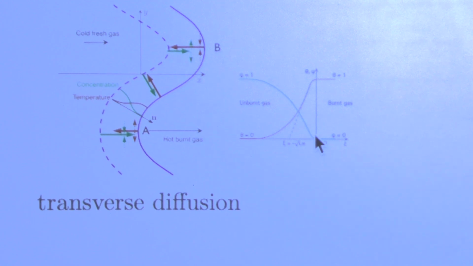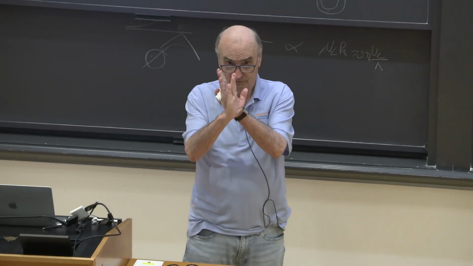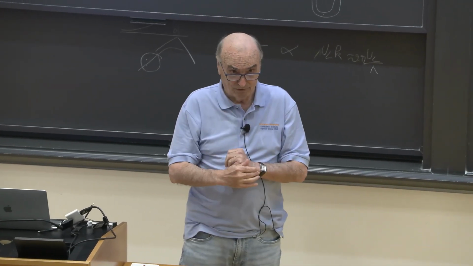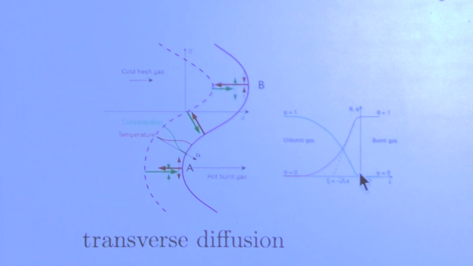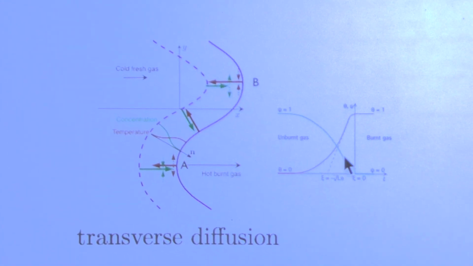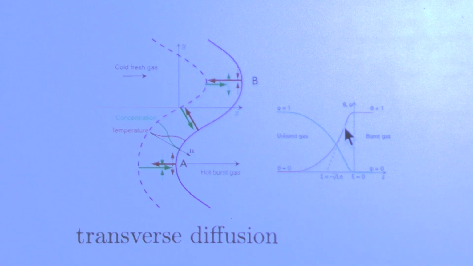If you take such a profile and you shift it, what are you going to obtain? Transverse fluxes, and opposite, because where the temperature is higher, the mass fraction will be lower.